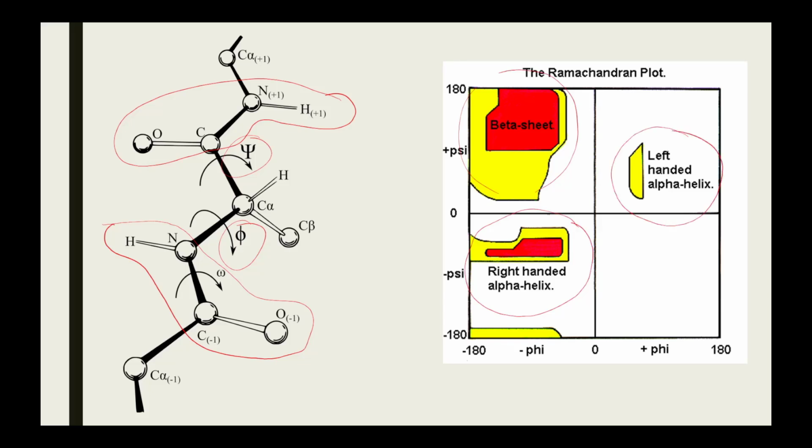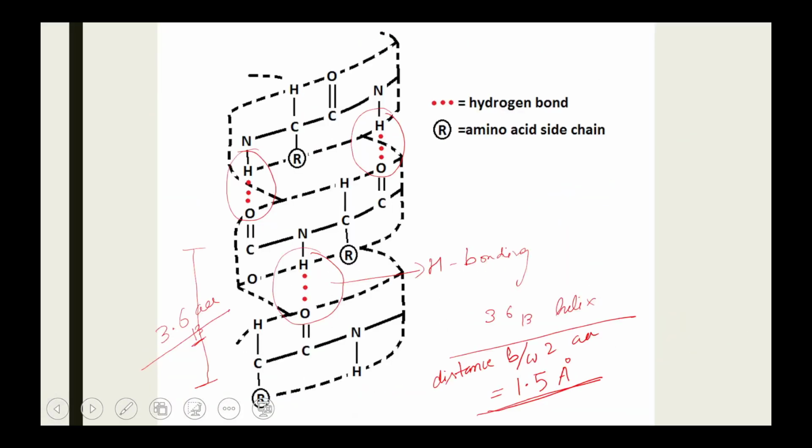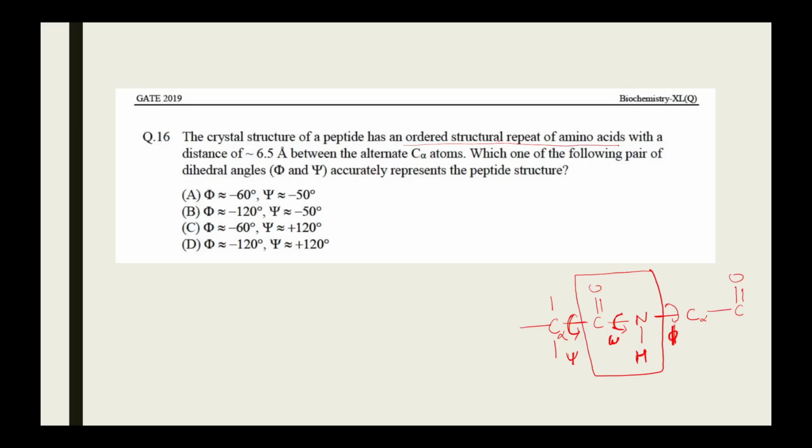If we see our question again, it states the repeat of amino acids with a distance of 6.5 angstrom between the alternate C alpha atoms. Okay, so we know that the distance between the adjacent C alpha atoms in alpha helix is 1.5, in beta sheet it is 3.5 angstrom.